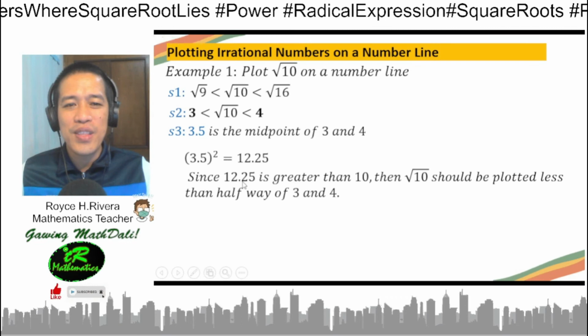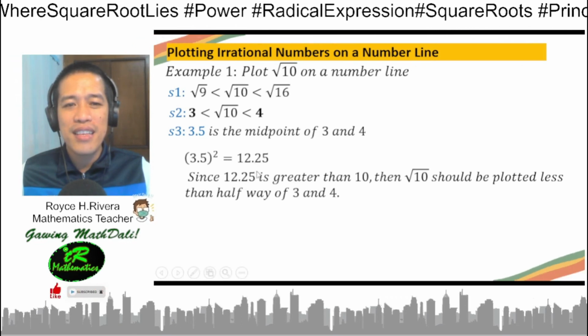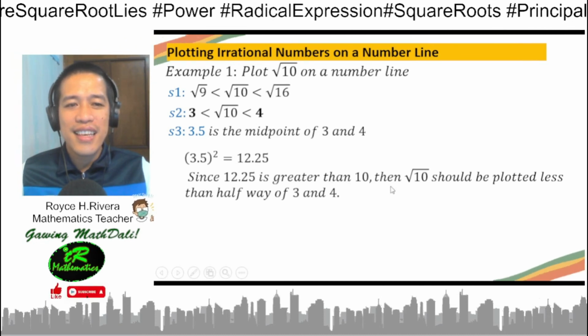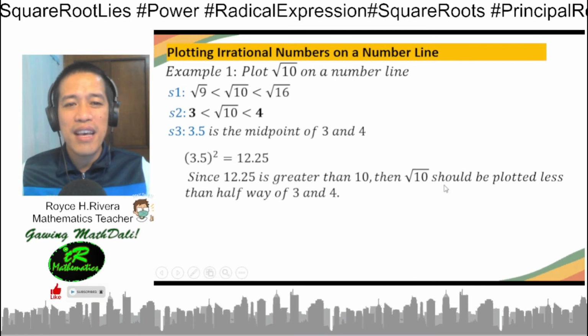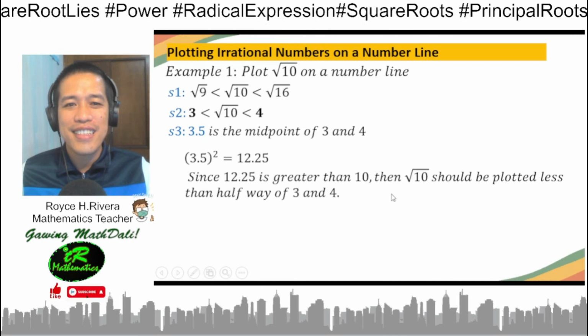Since 12.25, which is the square of the midpoint, is greater than the radicand 10, then the square root of 10 should be plotted less than halfway of 3 and 4.